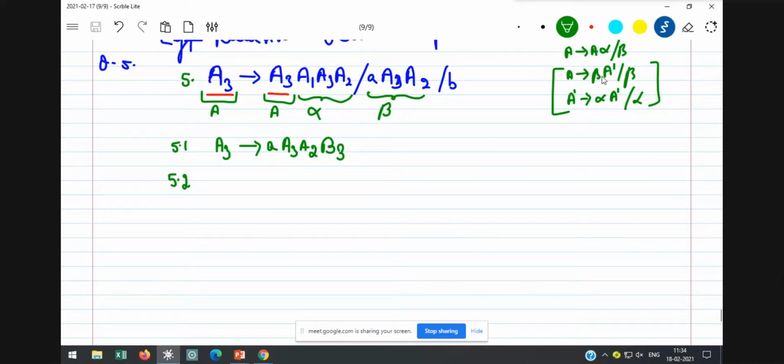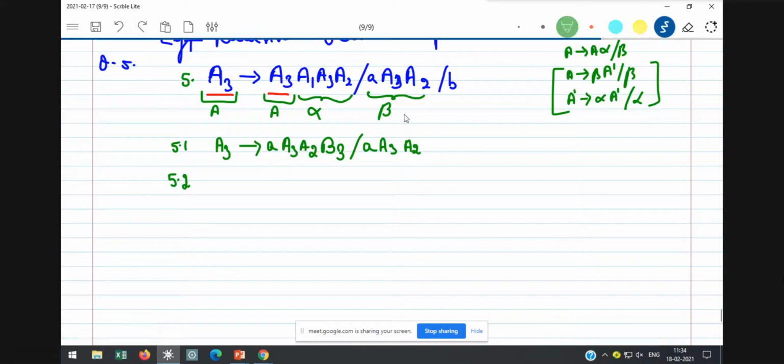For left recursion we have used A dash to 3. Now after this, write here beta. In my case, beta is A3, A2. In order to solve left recursion from this production rule, I have to generate these two more production rules, which I'm writing right now.